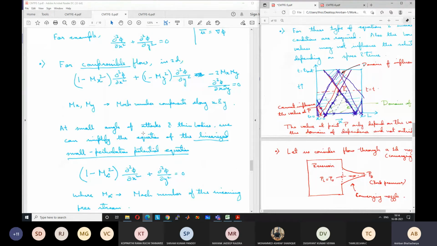This equation can be simplified, though we will not go into the details because that is beyond the scope of this course.